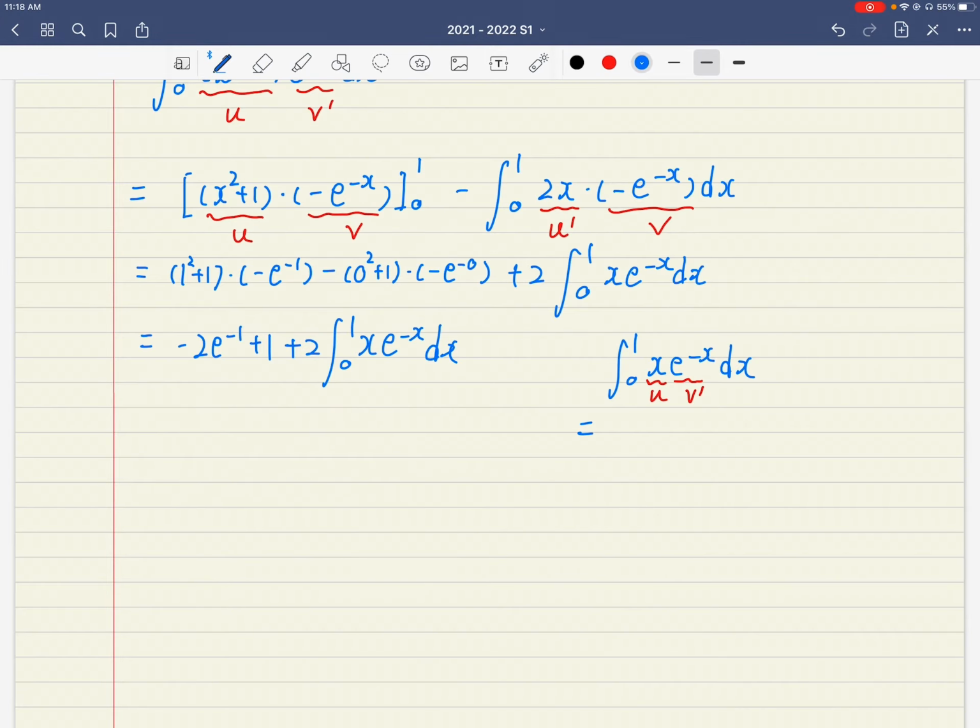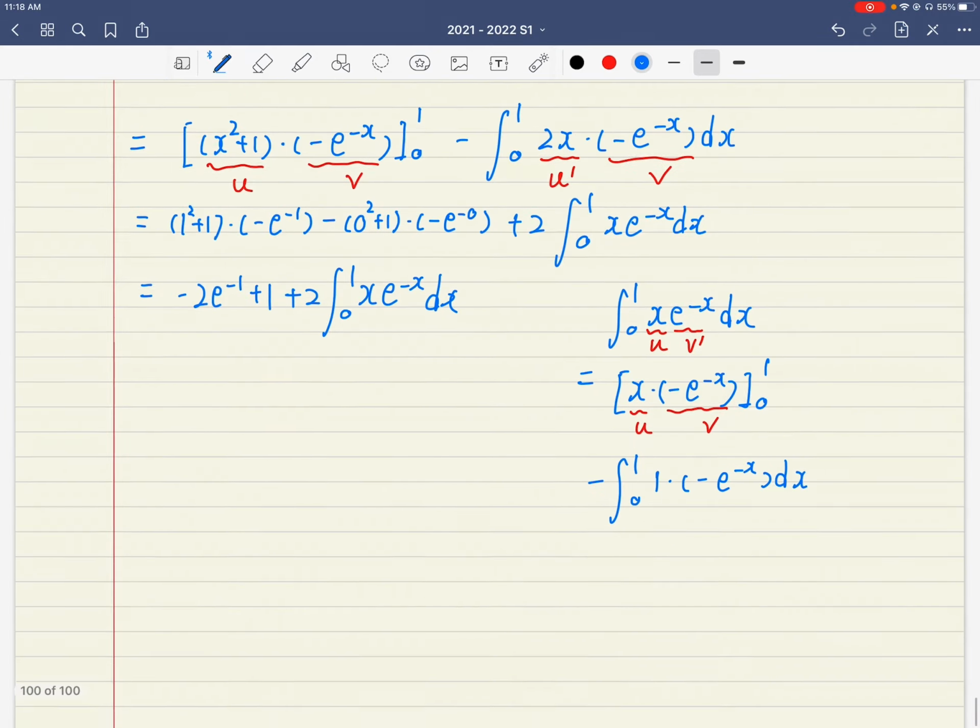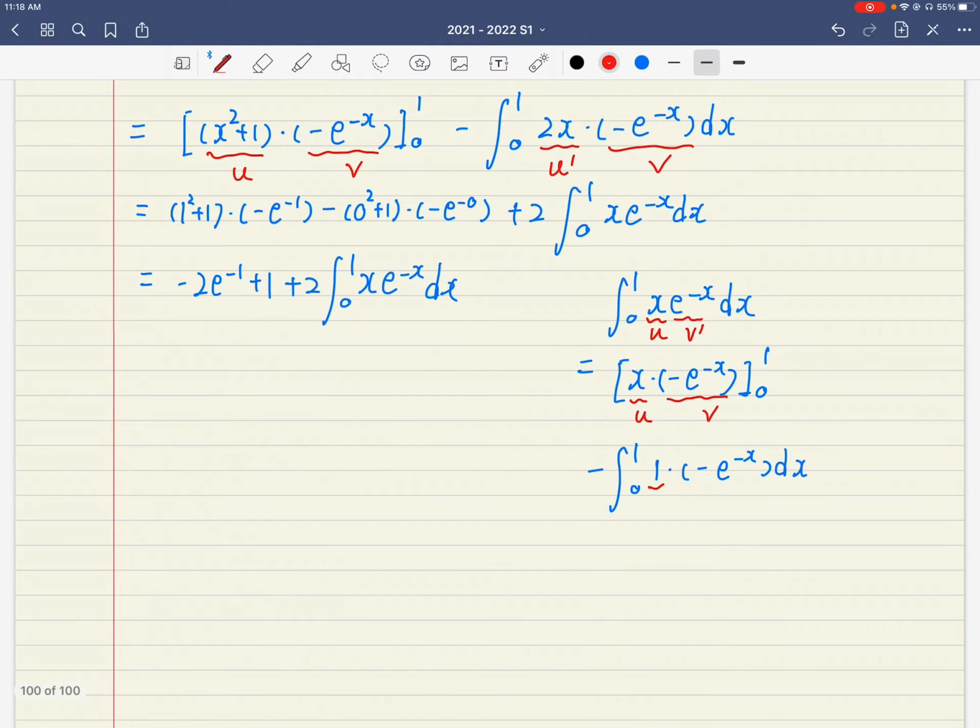Then it's going to be x times negative e to the power of negative x from 0 to 1. Again, this is your u, this is your v, minus the integral from 0 to 1. Now u's derivative is just 1 times v.